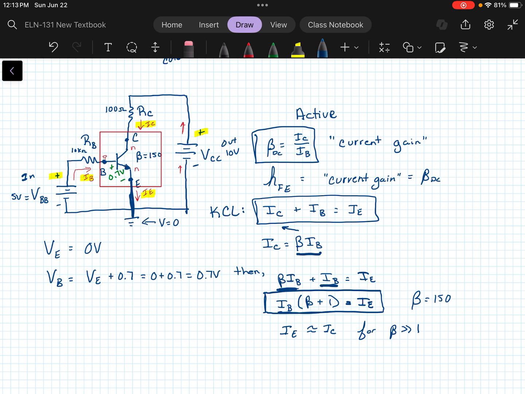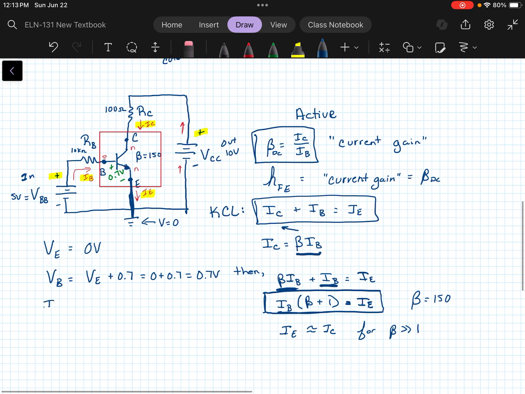Okay, so now let's figure out what our IB is. IB is going to be whatever voltage we're applying minus the voltage at B, divided by that resistor. I'm sorry, RB, not RC.